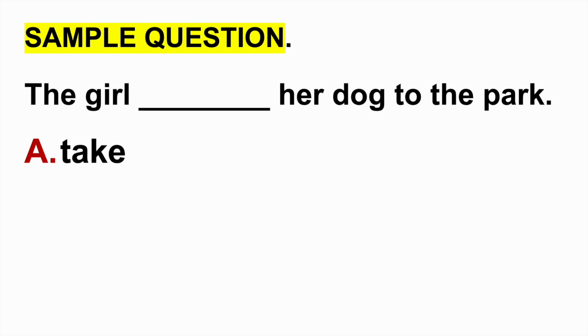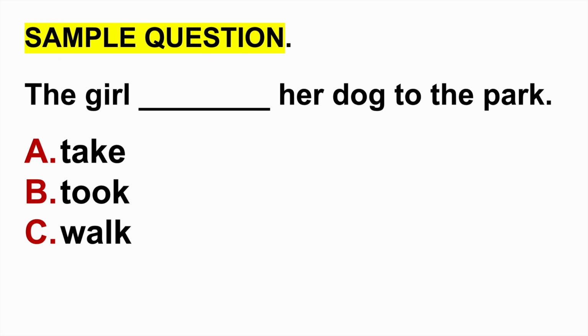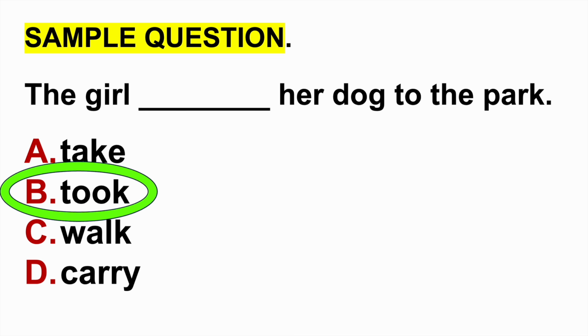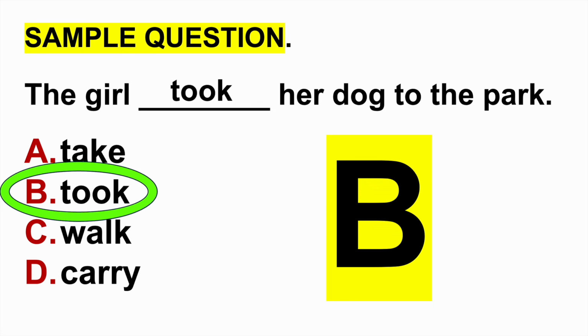Is the answer option A, take, B, took, C, walk, or D, carry? You need to decide which one of those four words goes in the blank space. The correct answer is took. The girl took her dog to the park. So you would select B as your answer option.